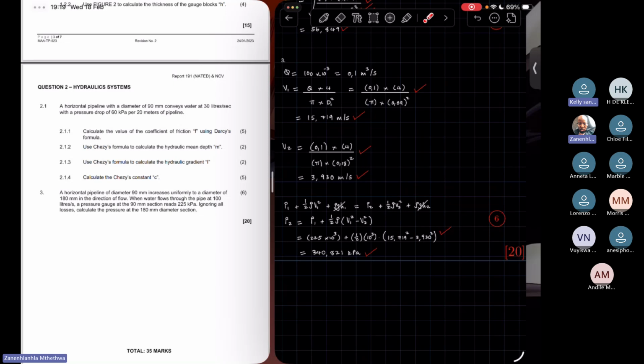But I saw in the textbook there's a formula: P1 over density times gravitational acceleration plus V1 squared over 2G plus Z equal to the same thing, but with 2's. Because this is liquid water, we assume the density is 1000, so that is a given value. And then your 2G. So if you use that formula, will you be incorrect also?